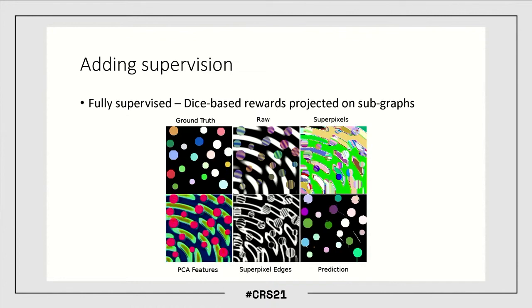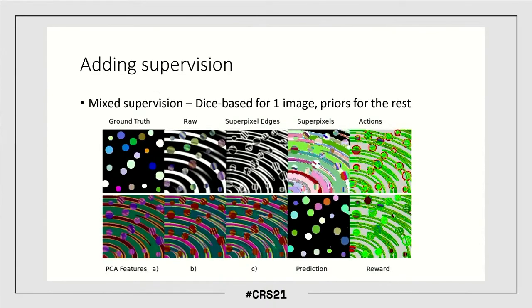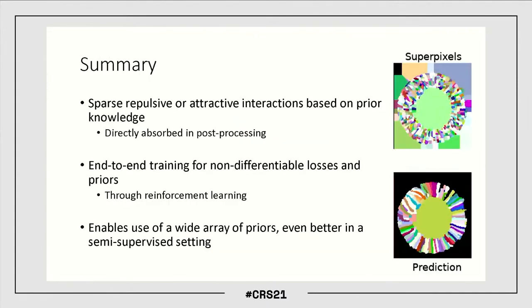You can also put, say, dice; you project the dice on subgraphs. It works even better, because you have such good supervision. The reason why I wanted to show it to you is that you can see that in this case, it really converges for these PCA features to the fully semantic segmentation of the circles. And then you can also have mixed supervision where you say, okay, let's have just one image labeled, and for the rest, we only give priors. That also works, and it works better than fully unsupervised.